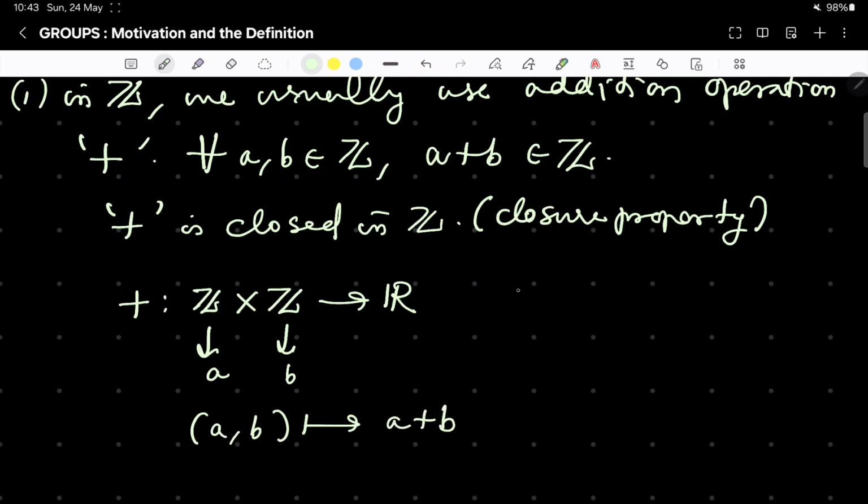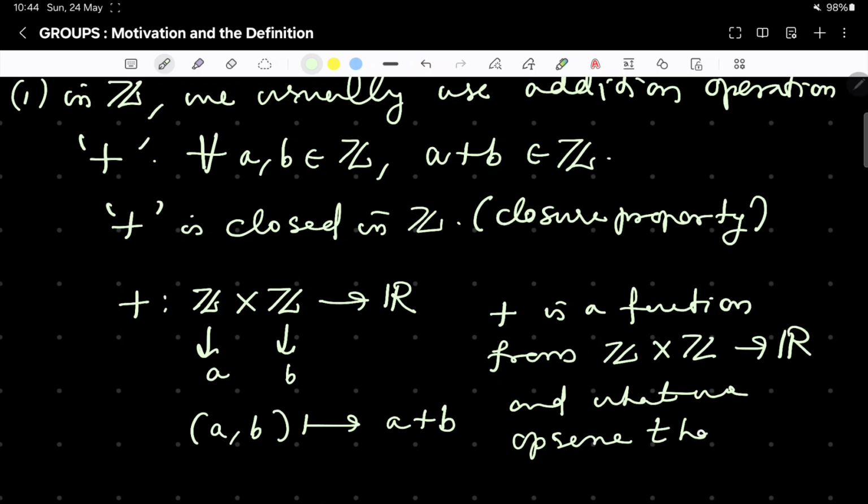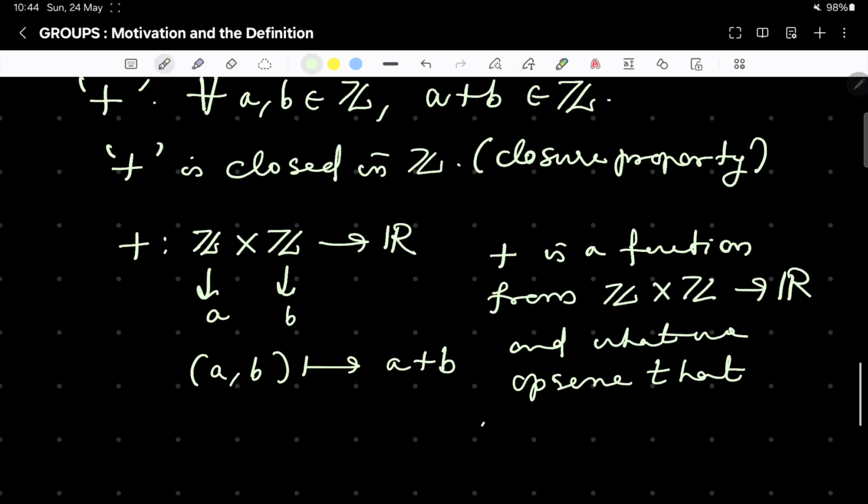So addition can be viewed as a function from Z cross Z to real numbers. And what we observe is that the range of this function, what do you mean by the range?